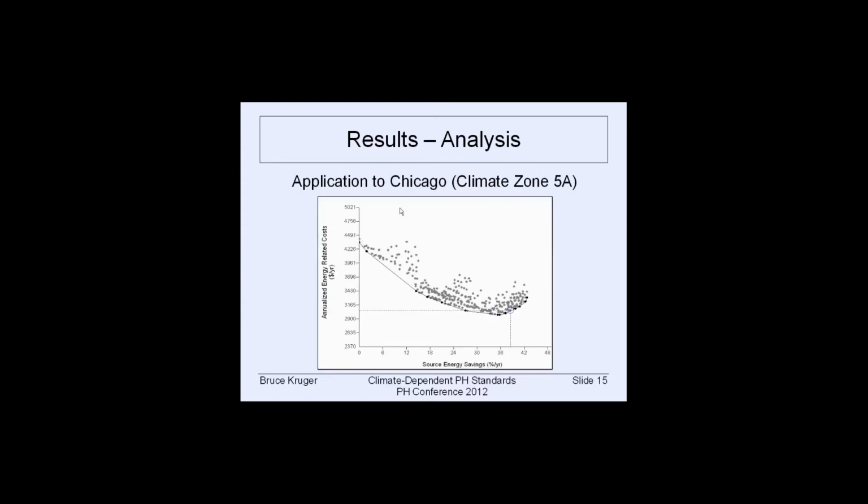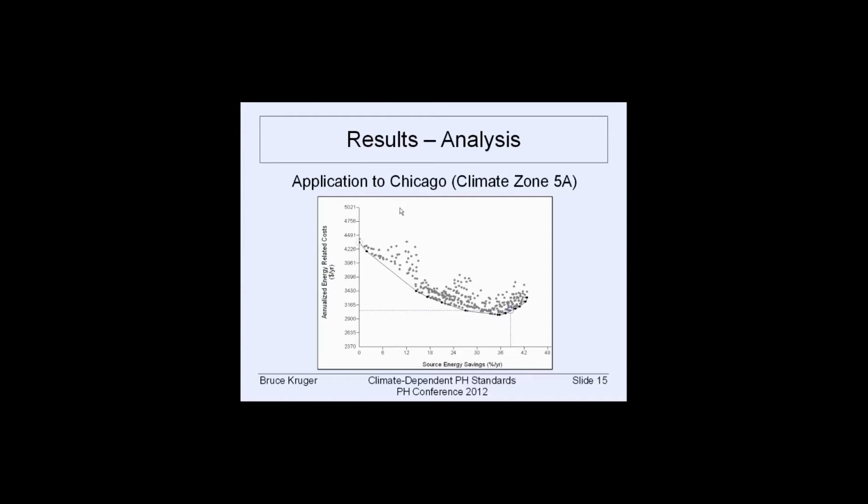And so I have 3 examples here. There are 15 climate zones in the United States. I used a representative city for each of those 15 climate zones. So in this case, we're seeing results from Chicago for climate zone 5A. And again, I took those same economic conditions I had found in Germany and ran the optimization, just changing the climate to Chicago.